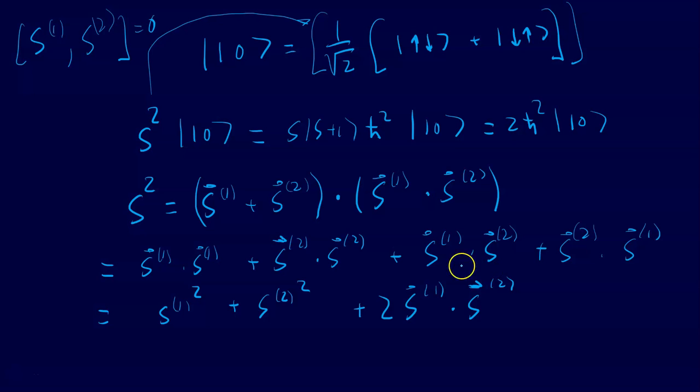This last piece is the one that's kind of nasty, because we know how our S² operators will act on these states over here. So this last piece, you can write it a couple different ways.